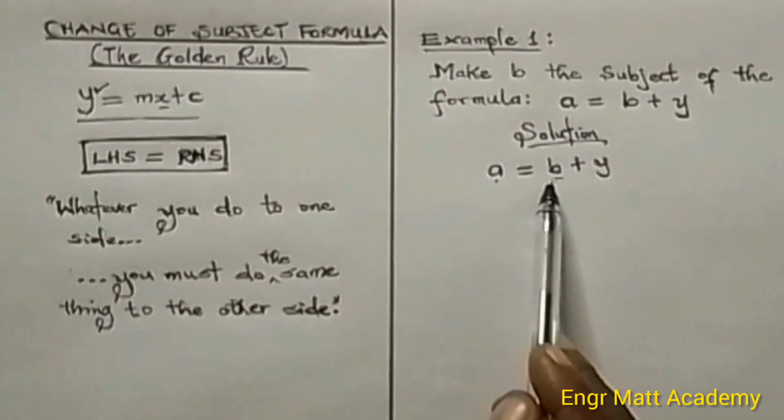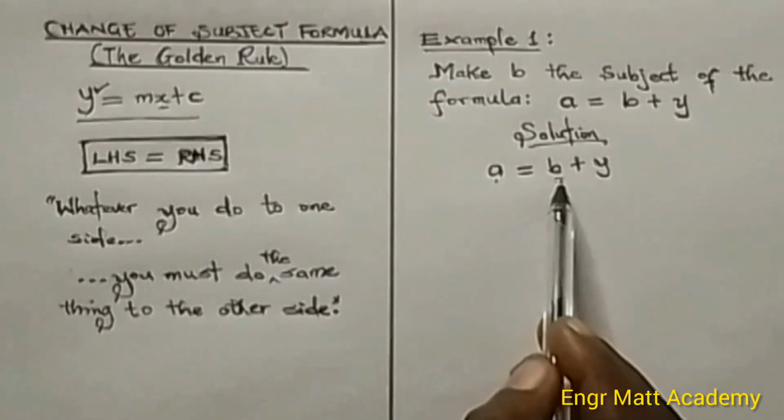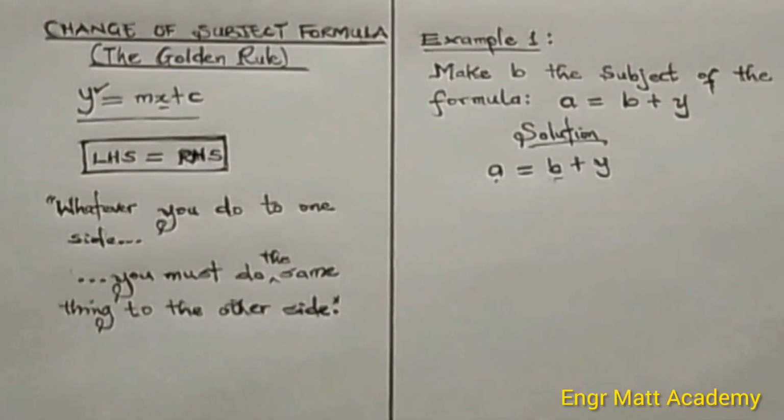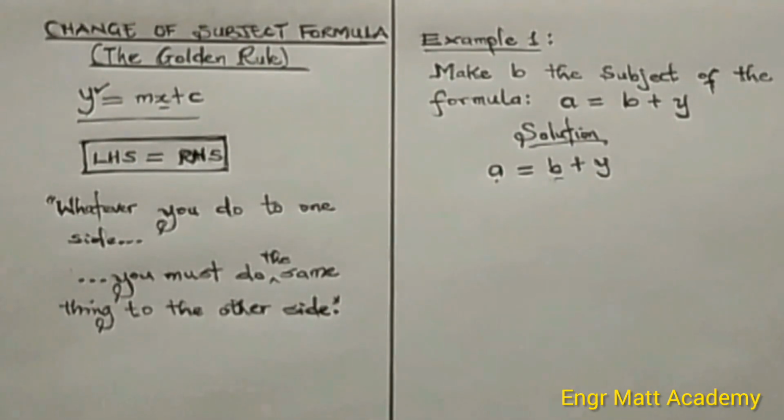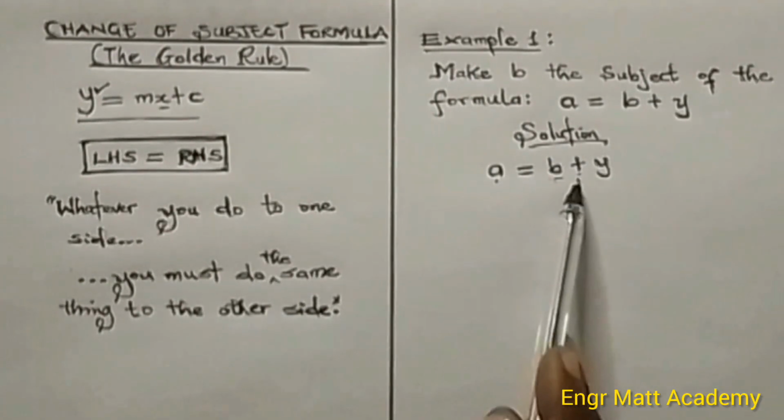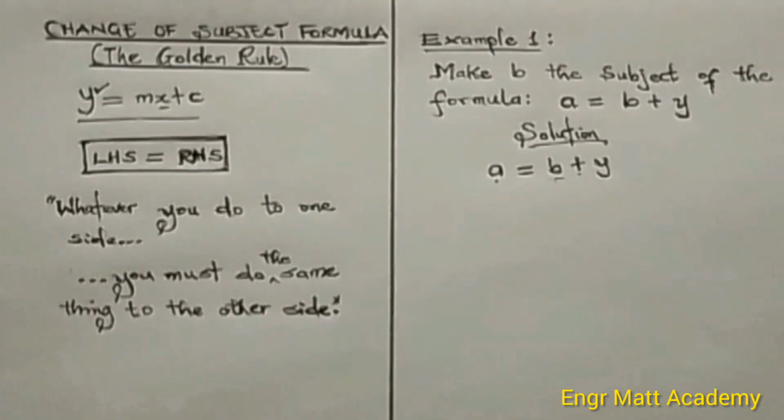Y is added to B. That is why we see B plus Y. Since Y is added to B, what should we do to remove it? We reverse the operation. Since this is addition, we reverse the operation by subtracting Y from both sides.